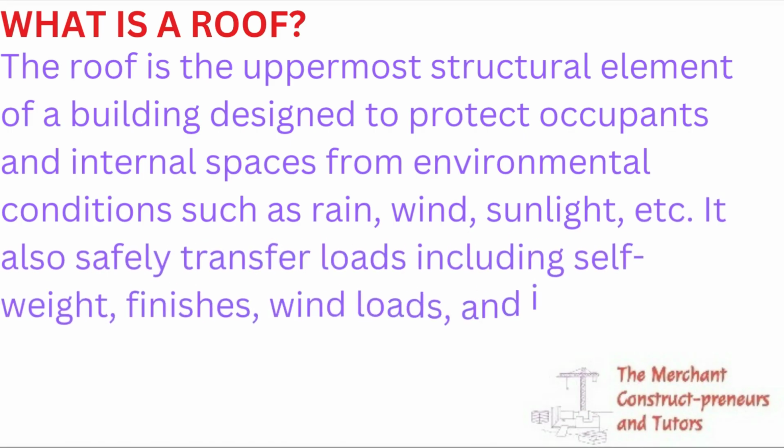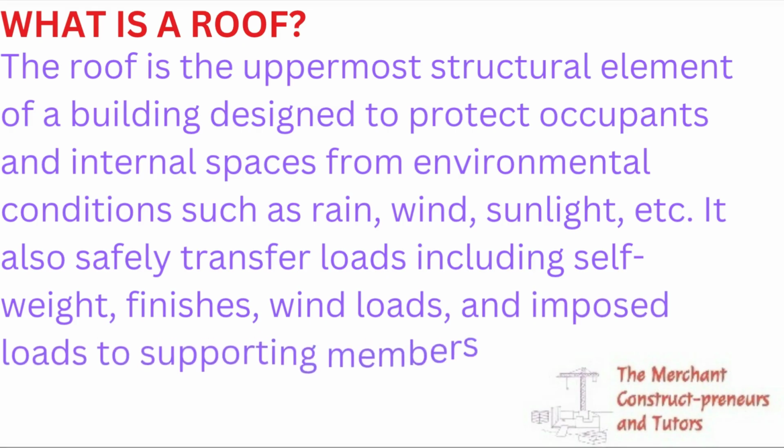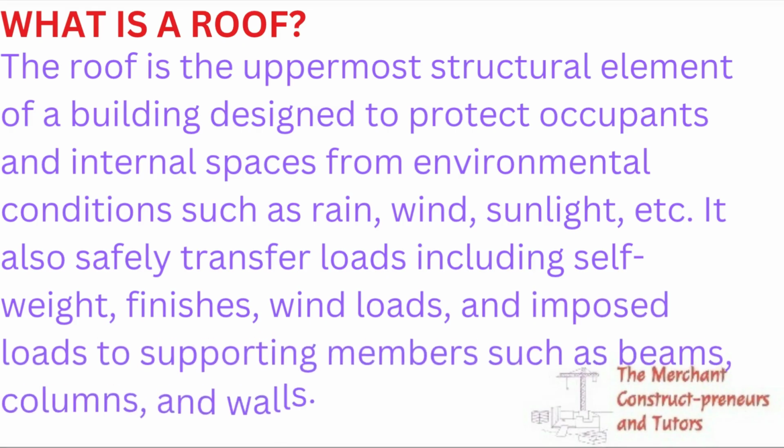What is a roof? A roof is the uppermost structural element of a building designed to protect occupants and internal spaces from environmental conditions such as rain, wind, sunlight, etc. It also safely transfers load, including self-weight, finishes, wind load, and imposed loads to supporting members such as beams, columns, and walls. So this statement is talking about what a roof is.